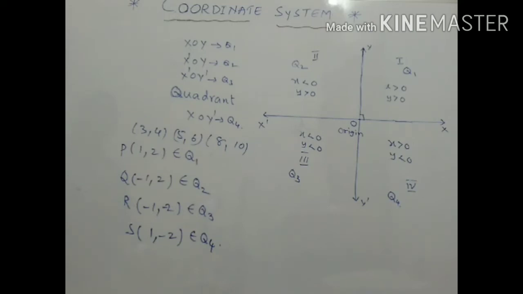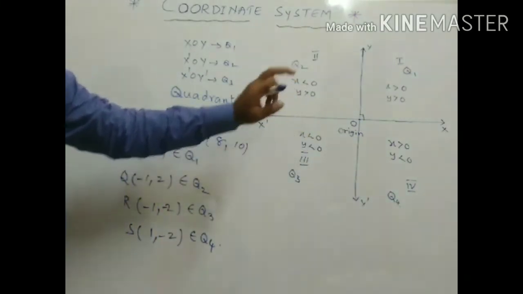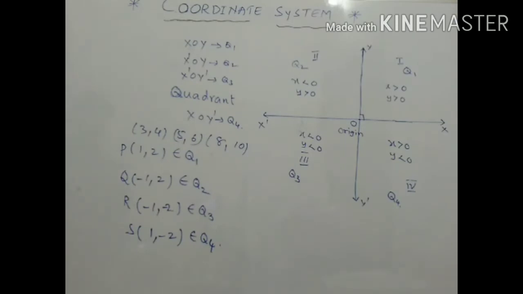So from this concept, what we learned is how to locate the point and identify its location, depending on the x coordinate and y coordinate. If both are positive, the point lies in the first quadrant. If both are negative, the point lies in the third quadrant. If x is positive and y is negative, it lies in the fourth quadrant. And if x is negative and y is positive, the point lies in the second quadrant.